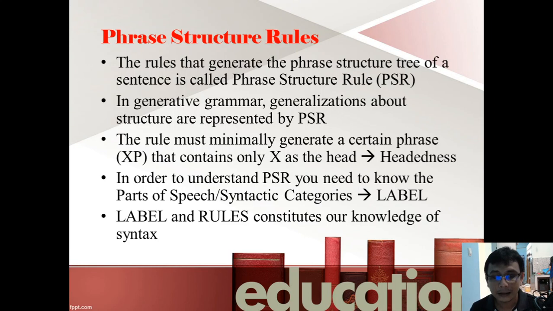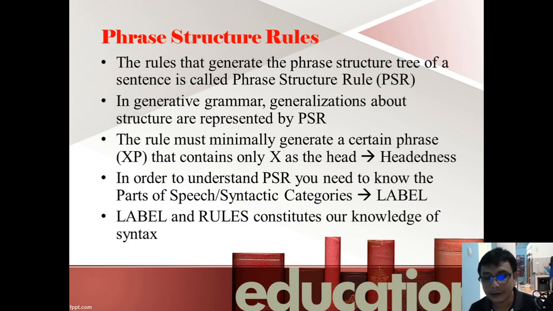For example, we can change X into N. So you create NP that contains a head N, and then VP, verb phrase, which consists of the head V. So this concept is called headedness or endocentricity in grammar or in syntax. There is a notion that a certain phrase should consist of minimally the head of its own category.